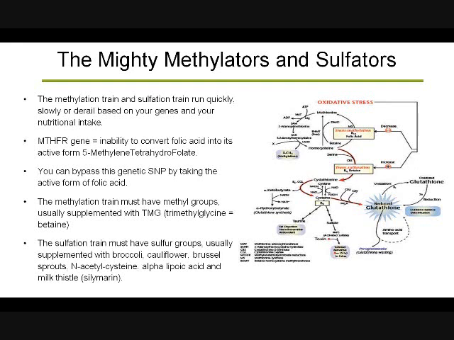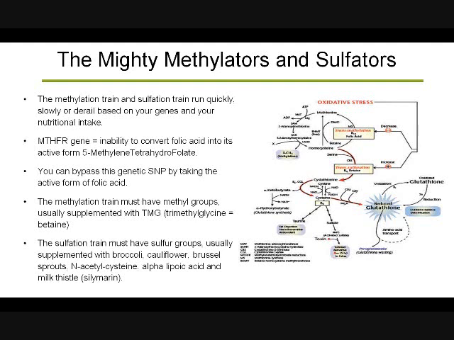And that active form is called 5-methylene tetrahydrofolate. It's the MTHFR gene that converts folate into this. Well, it converts a byproduct of folate into this, but essentially, if you have the variation, it lowers the ability to do that.